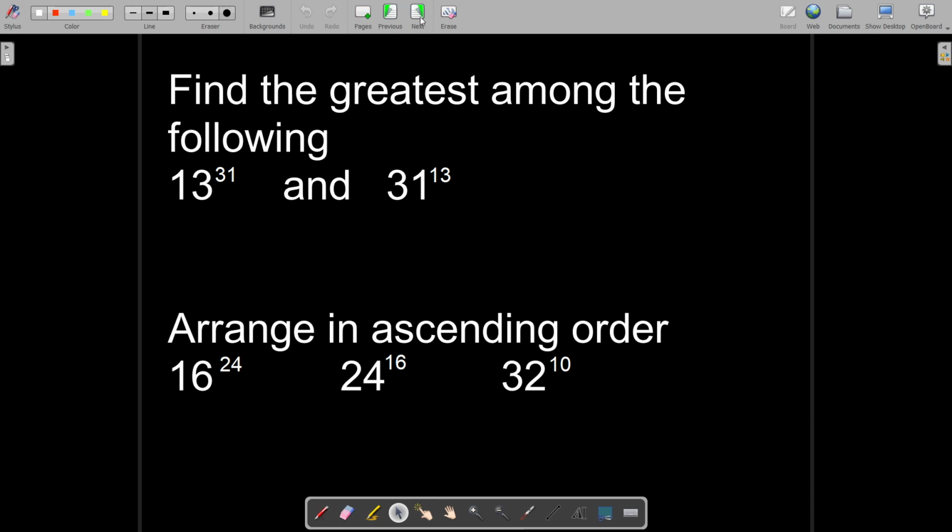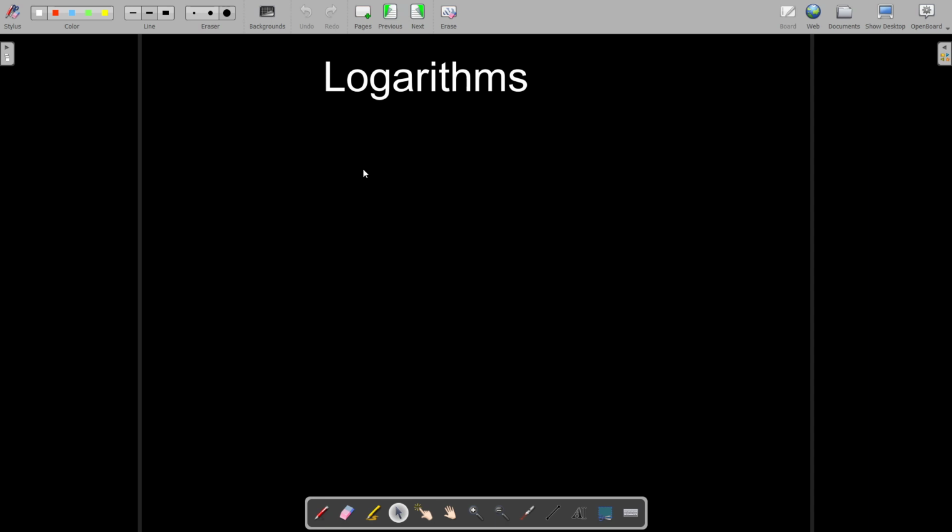Now for our use we are going to use logarithm of base 2. What I mean by that is 2 raised to 1 is equal to 2, 2 square is equal to 4, 2 cube is equal to 8. Now if I take log, this can be written as log 2 is equal to 1, since 2 raised to 1 is equal to 2.